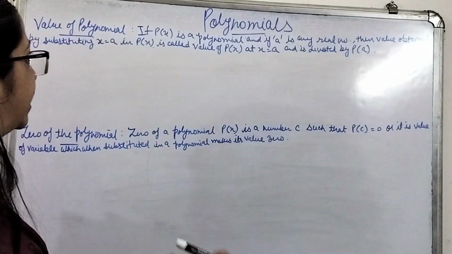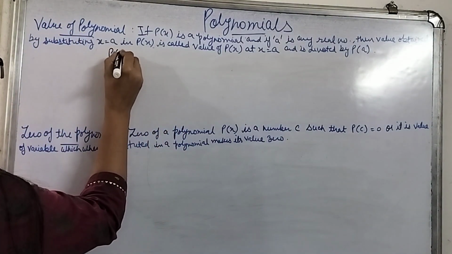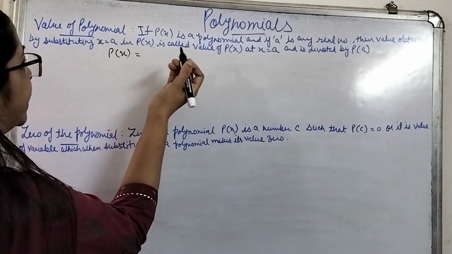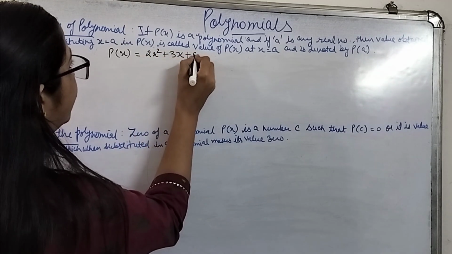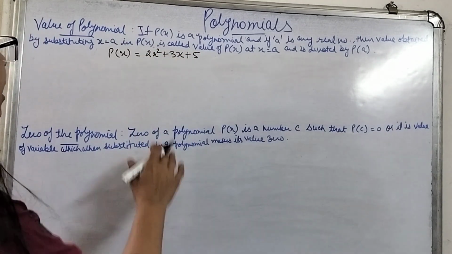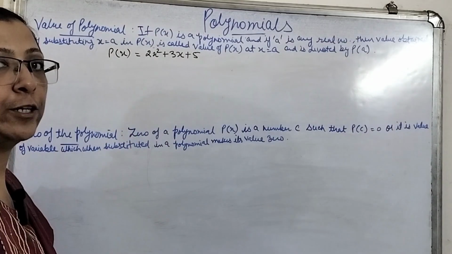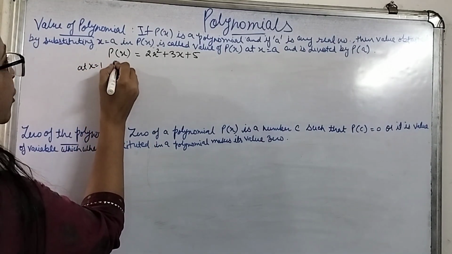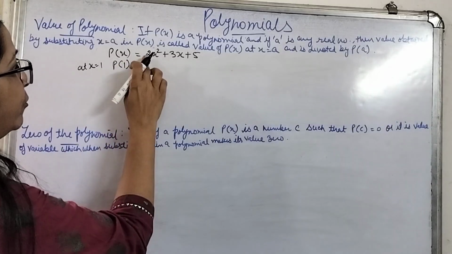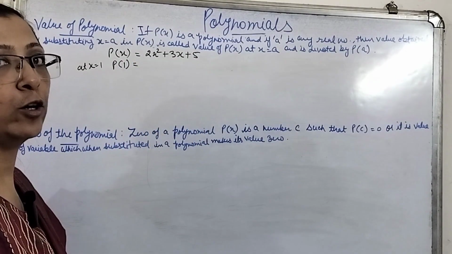Now let's understand with an example. Suppose there is a polynomial p(x) equivalent to 2x square plus 3x plus 5. If this is a polynomial, and we have to find the value of this polynomial at x equivalent to 1, in that case this will become p(1), and we will be replacing this x by 1.